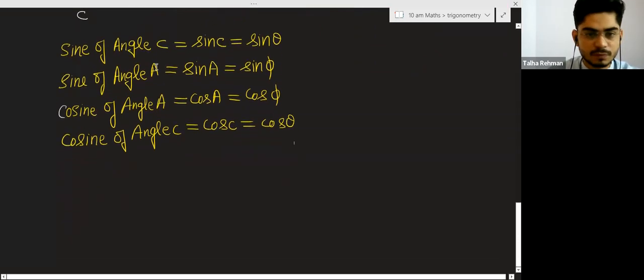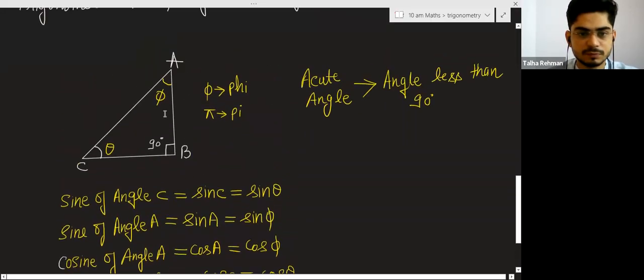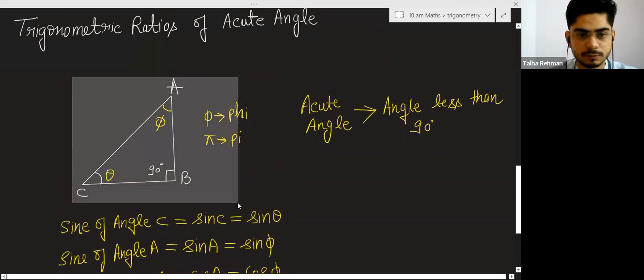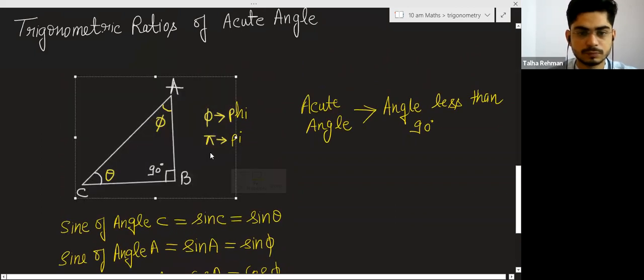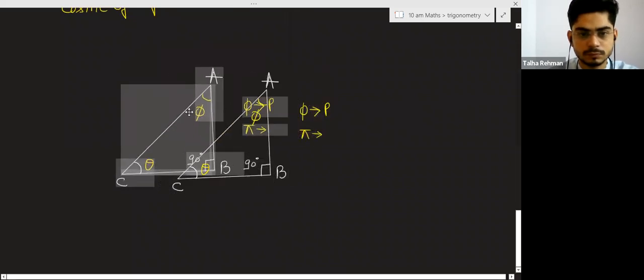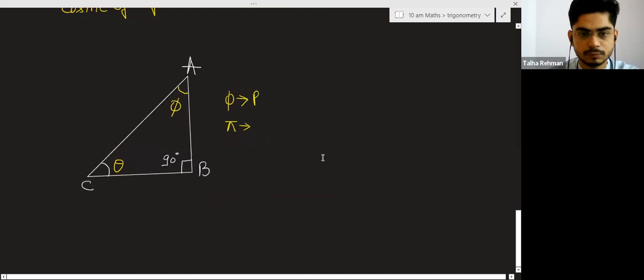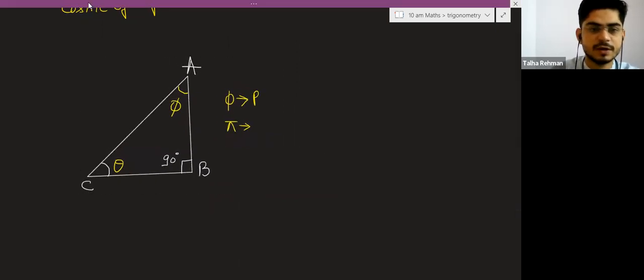So now there are a few more terms here. I am making one more triangle. Suppose this is the triangle again.